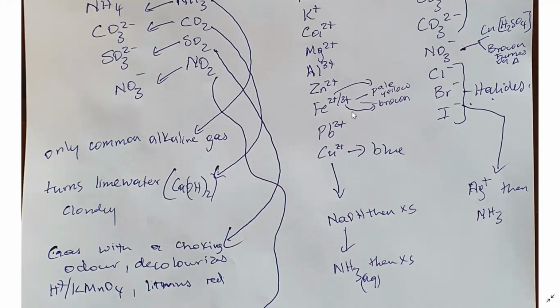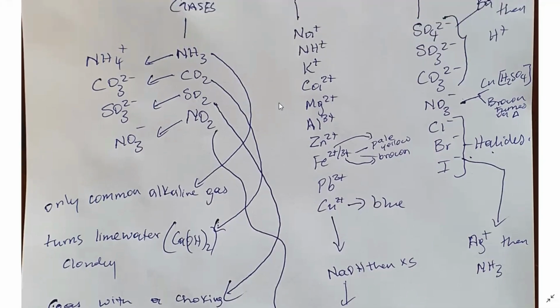For example, if you think you have lead and you want to confirm it, you could react that solution with potassium iodide. If you get a bright yellow precipitate, you know that you have lead present. So that is how you would test for your cations.